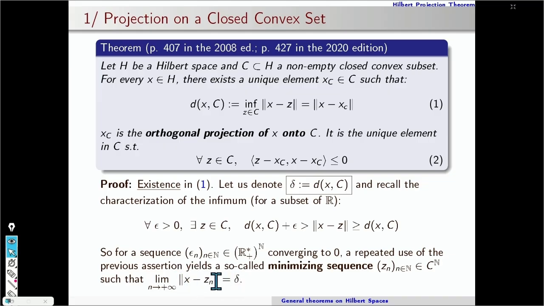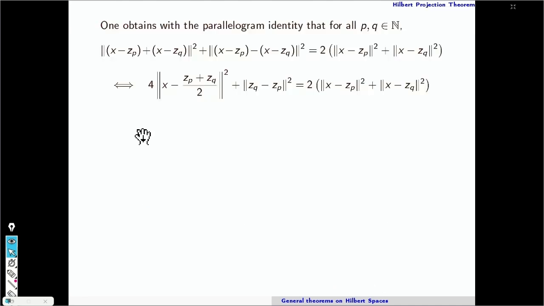So here it's a convergence of positive numbers. But what I want to show is that this sequence of points, this zn, also converges. We'll do this by proving that it is Cauchy. Let me consider, for p and q, those two vectors, x minus zp and x minus zq.